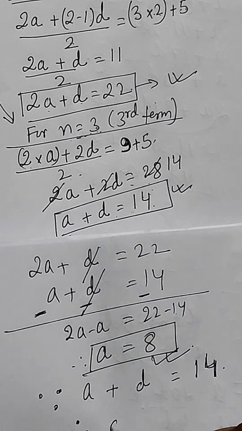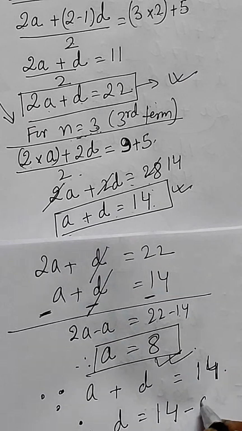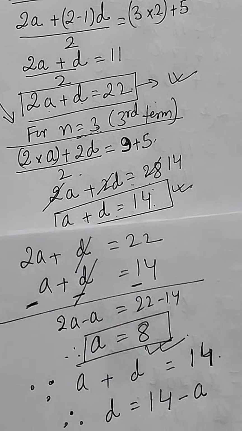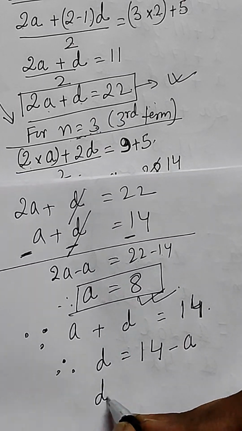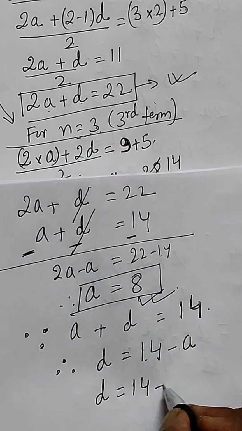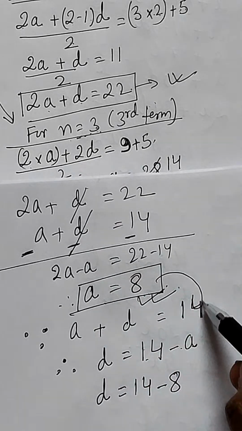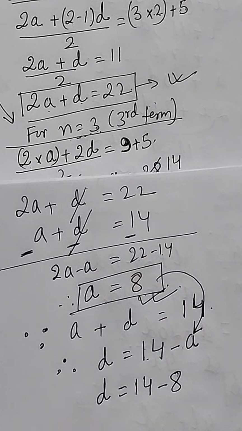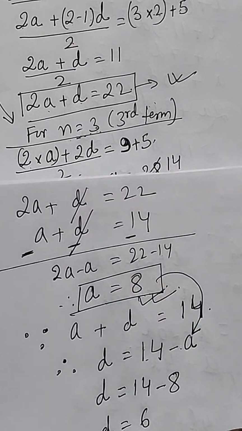Therefore d is calculated as 14 minus a, isn't it? So this will give you the value of d, that is the common difference, is 14 minus 8. Why? Because the value of a is calculated as 8. So I put this value over here, nothing else. So the value of d is calculated as 6.